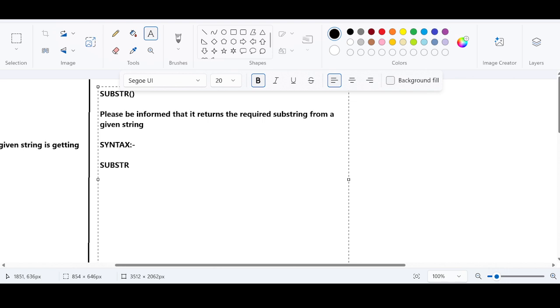substring. It will accept the actual string that you want to work with, comma, the starting position character, comma, and it will also accept the length of the character.